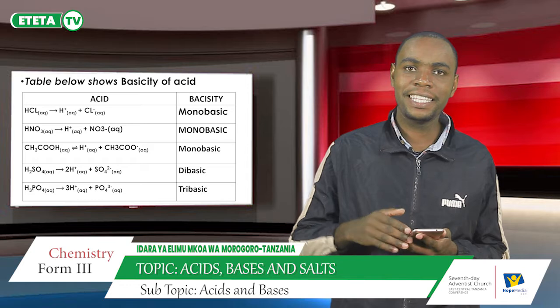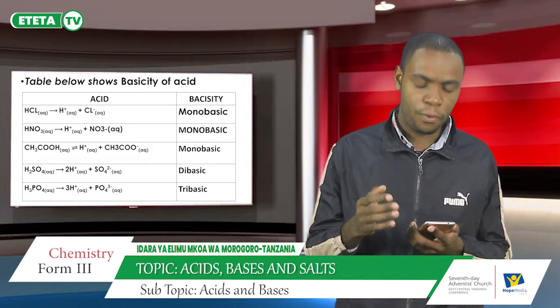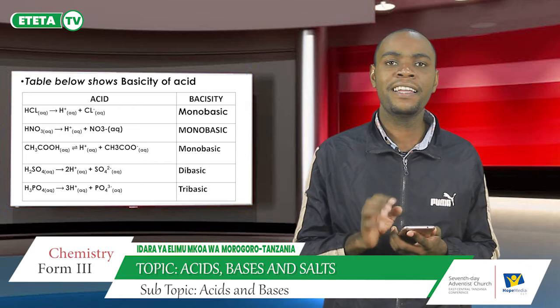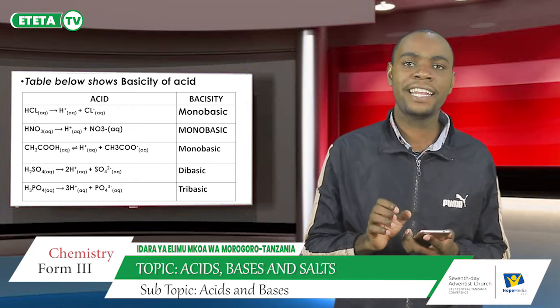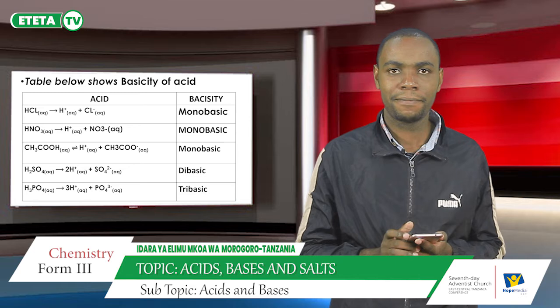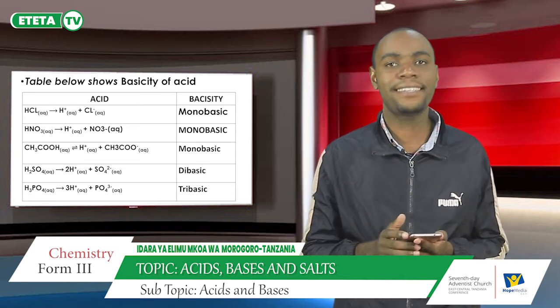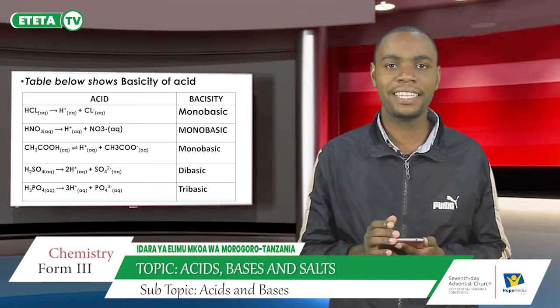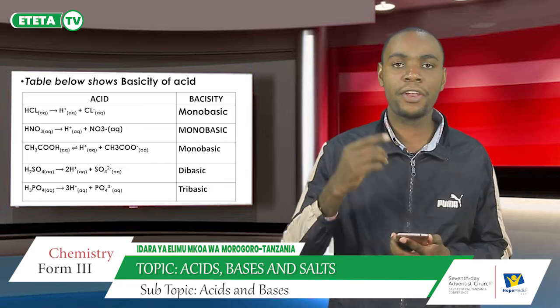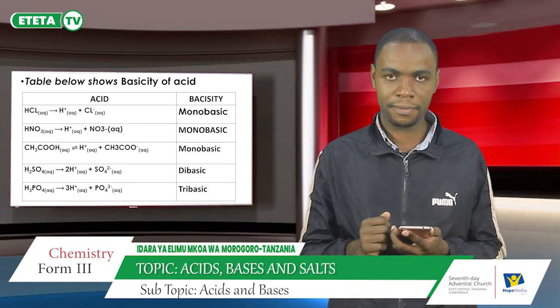Another example is nitric acid. The number of hydrogen atoms present in nitric acid is 1, so it is also monobasic. Another example is ethanoic acid. The number of hydrogen atoms present in ethanoic acid is 1, so ethanoic acid is also regarded as monobasic.